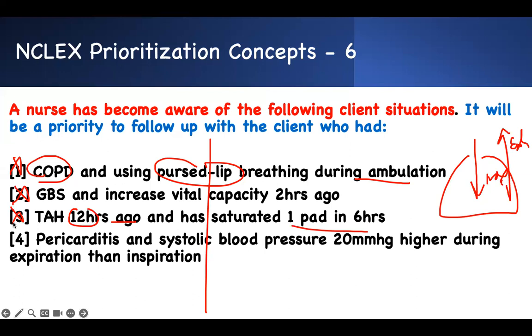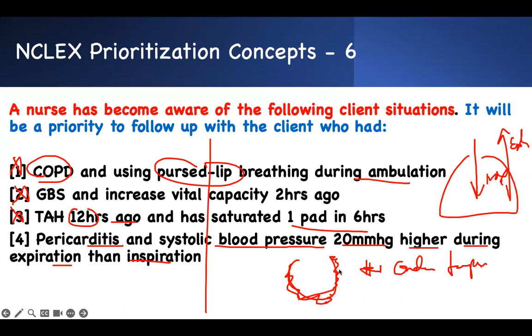It's very confusing. Pericarditis and systolic blood pressure 20 higher during expiration than inspiration. When you have pericarditis, there's only one thing you worry about, okay? Cardiac tamponade. That's all you worry about.